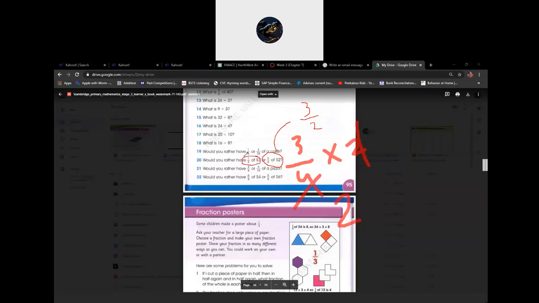If you divide 4 by 2, you get 2, as 2 times 2 is 4.